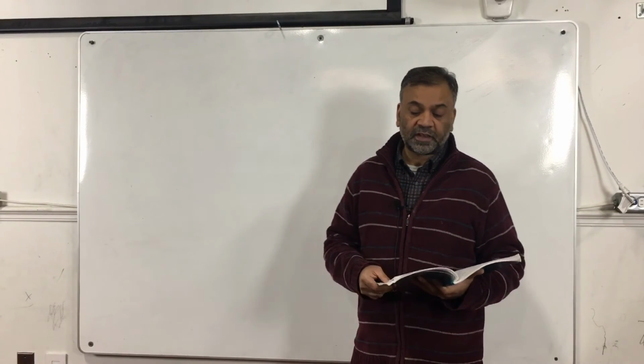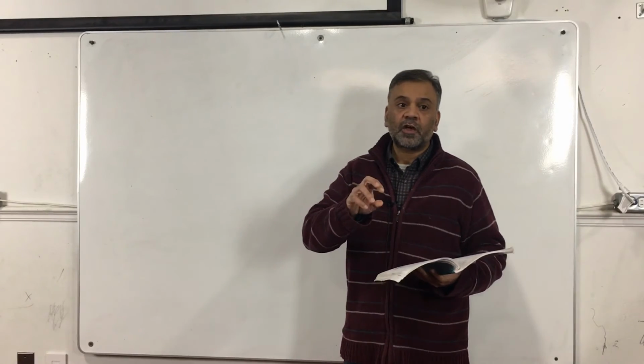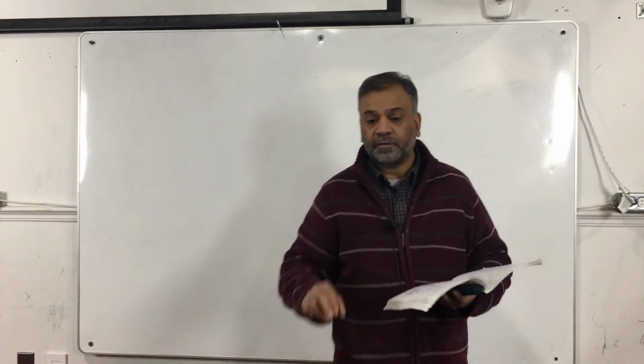Next exercise, tamarin ma haza. What is this? Now, here Dr. Saab has given us pictures and wants us to identify whether we would use haza or hazihi. The first one is a pen. What would I use? Haza qalamun.